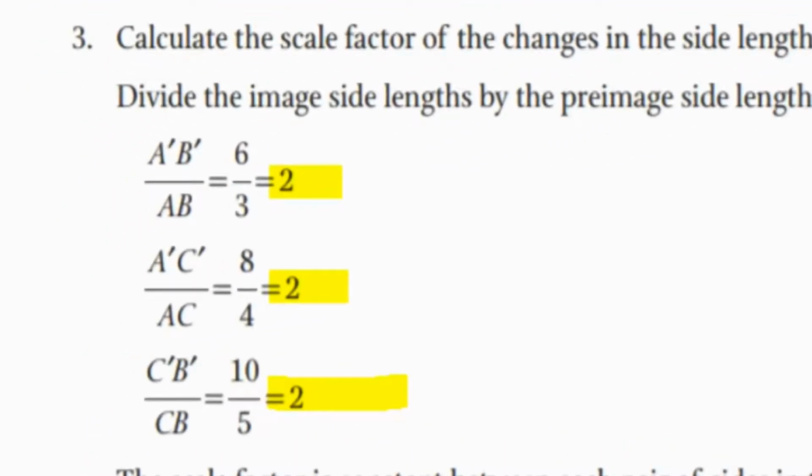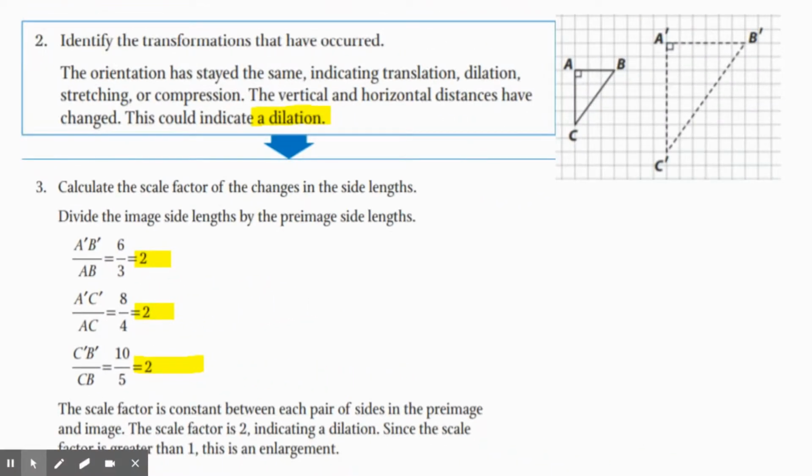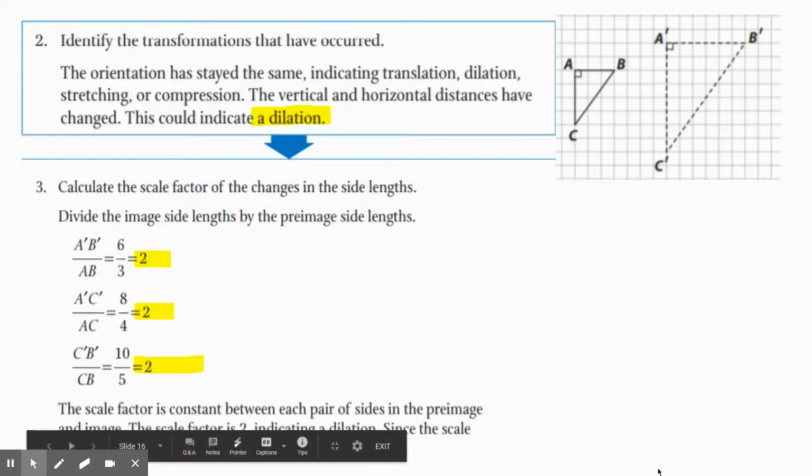How do you get that factor of 2? Mathematically, we divide the image length by the pre-image length. As you can see, I have 6 divided by 3, 8 divided by 4, 10 divided by 5. All a factor of 2. We call that a scale factor, and if all of those measurements are the same, then we can call it a dilation.